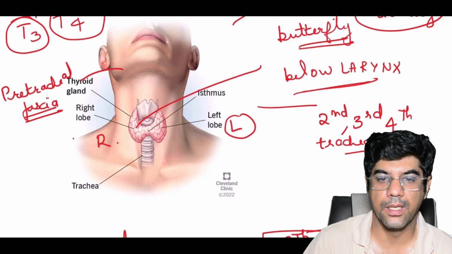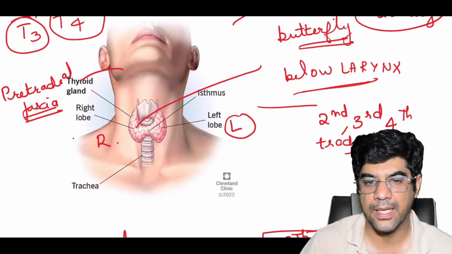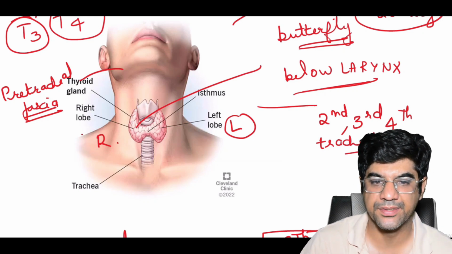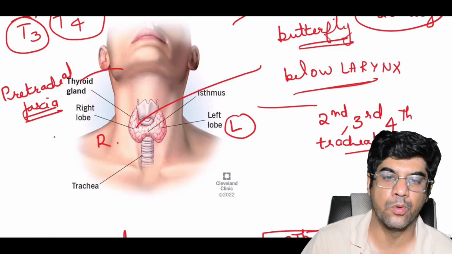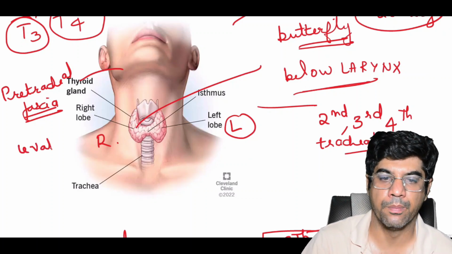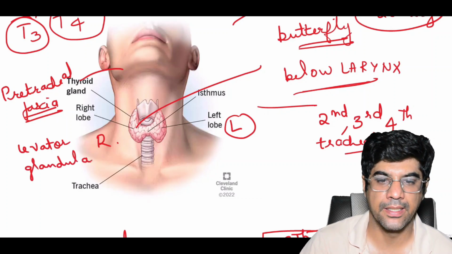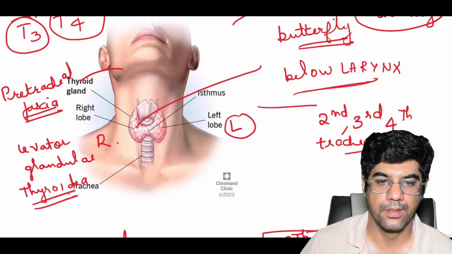Now remember, there is a pyramidal lobe that extends from the isthmus on the left side and it is connected to the hyoid bone by fibrous tissue, also known as levator glandulae thyroidae.